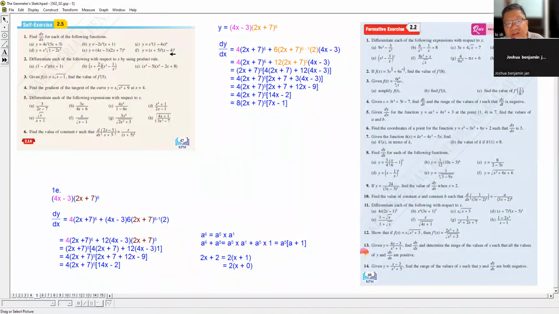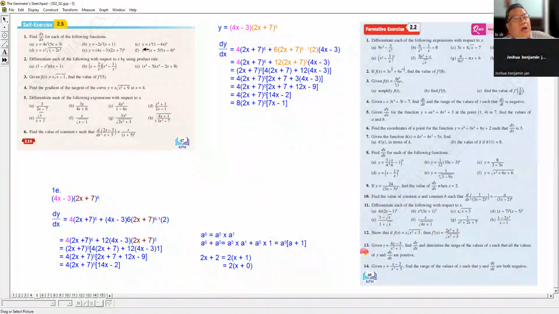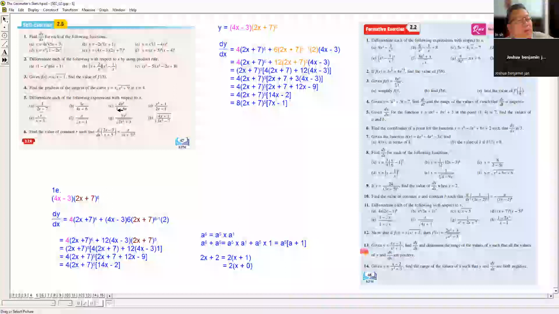When you differentiate the second function, you have to use the composite rule. But never mind, you try it first. You try first, then if cannot, then I will show you the next lesson. Right? This one afterwards I will send these questions to you.